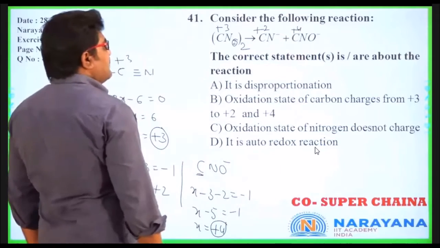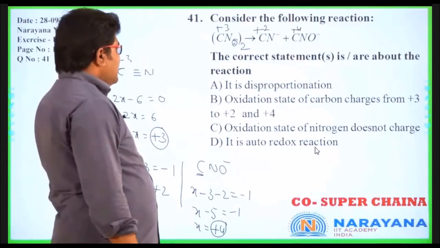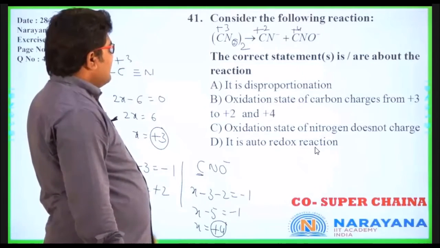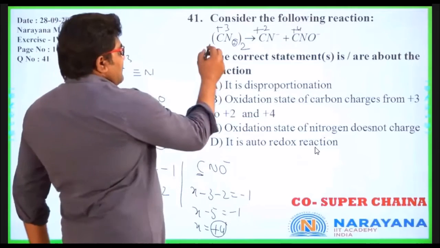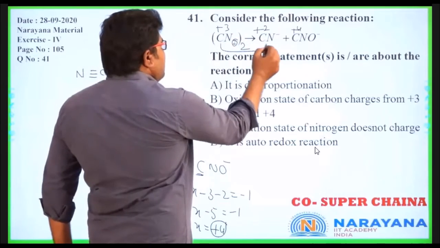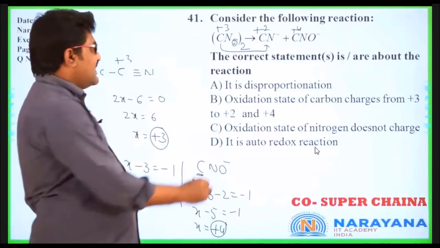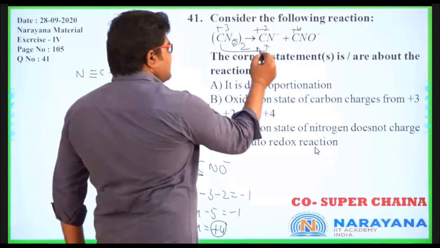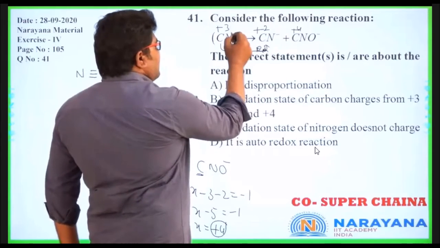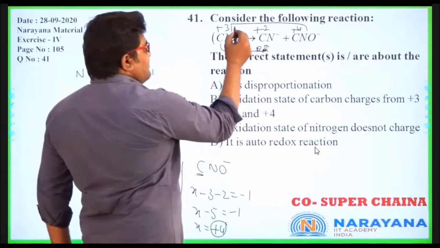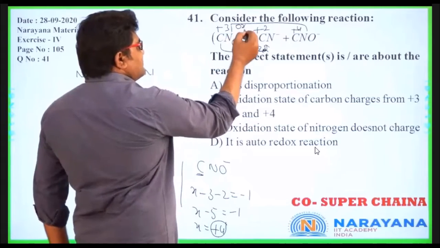So what happened? Carbon oxidation state from here to here, oxidation number decreases, meaning reduction. From here to here oxidation number increases, that is oxidation.